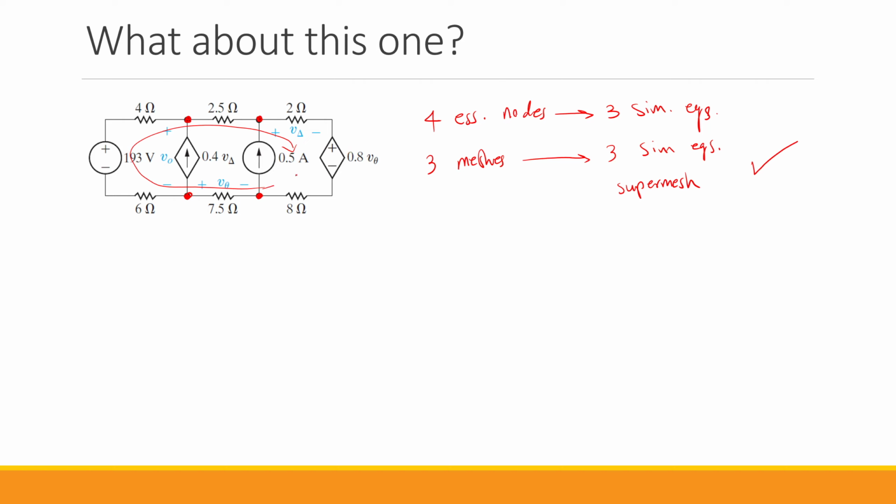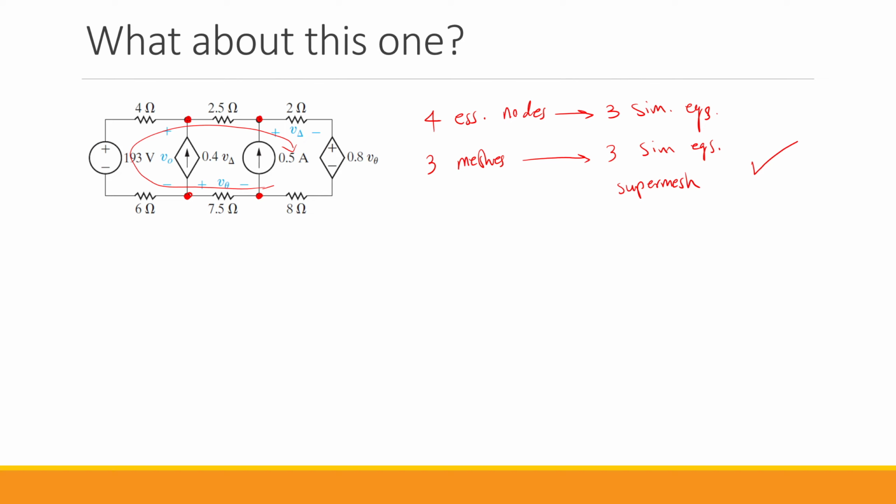But those are things that you should also consider when you are using the node voltage method. But if you are using the mesh current method, you end up with fewer equations that you need to solve. So because of this, the preference is with the mesh current method.